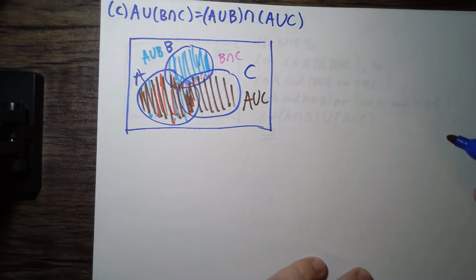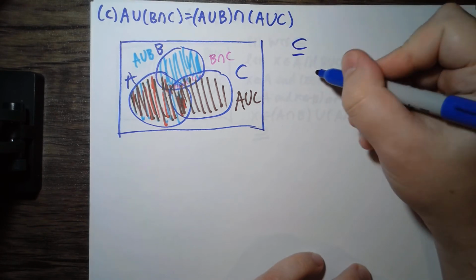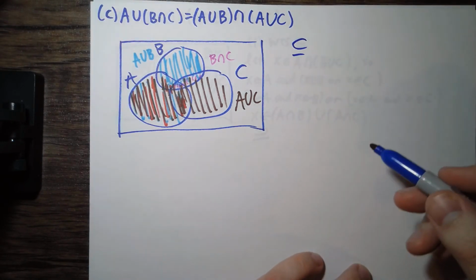And if we want, we can do a similar thing as last time. So we want to show both inclusions.